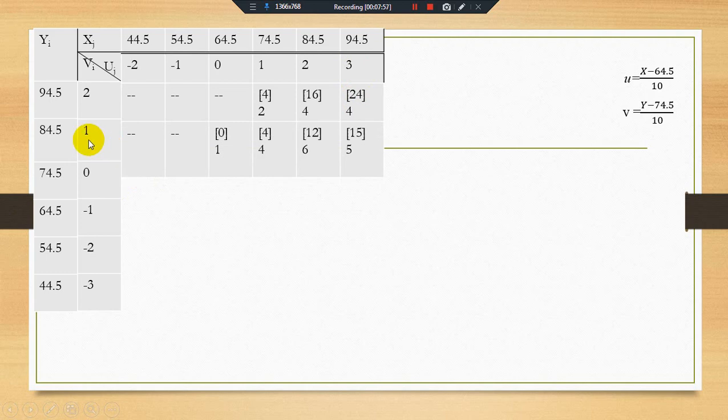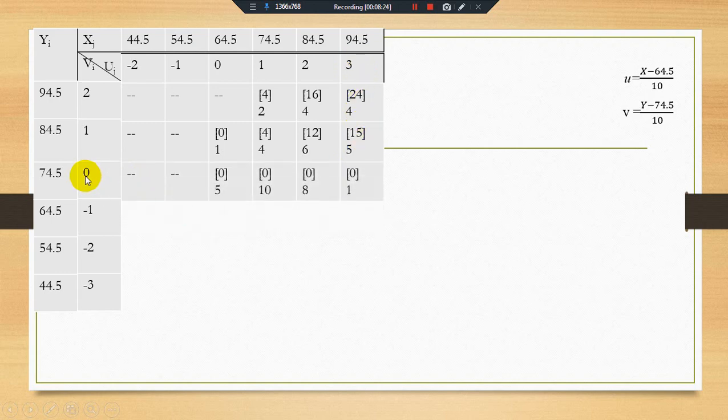We multiply this by this and then this, and we have a 0 here, so all the multiplications become 0. So multiply 1 by 4 and then 1, we get 4, and then 1 multiplied by 6 and then 2, we get 12, and then 1 multiplied by 5 and then 3, we get 15.